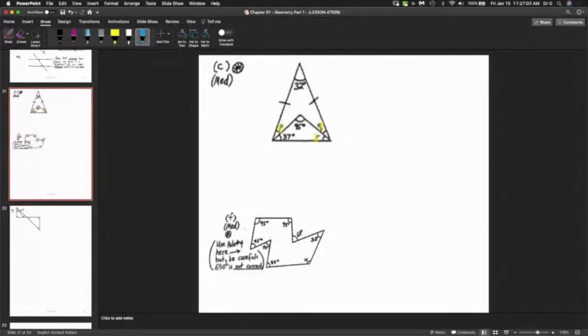This is not true, okay? Do not assume that these 2 angles are equal to each other. They might be because of luck, but not because it's always true.